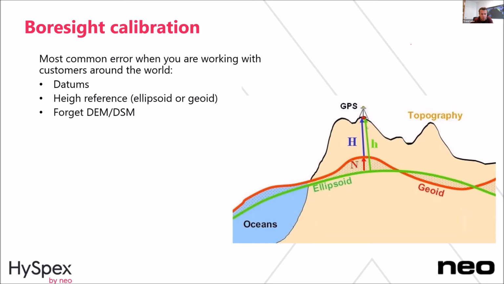Then the most typical error is actually that the height reference is wrong. If it's ellipsoid, it's okay, but typically all INS systems give out nominally the data in ellipsoid height, while all surface models are usually delivered in a geoid.